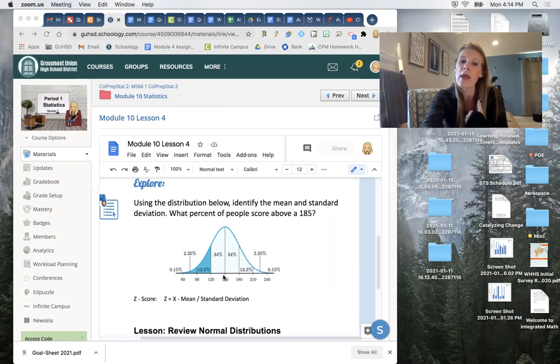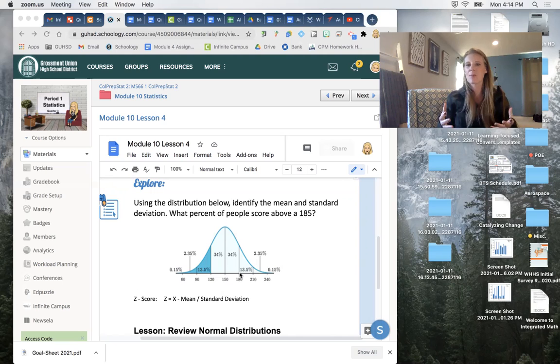I am 30 away in the positive direction. But then we divide by our standard deviation. When we do that, it tells us exactly how many standard deviations away I am. 30 divided by 30 gives me 1. If I scored a 180, I am 1 standard deviation away in that direction.